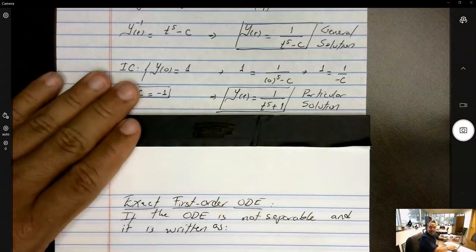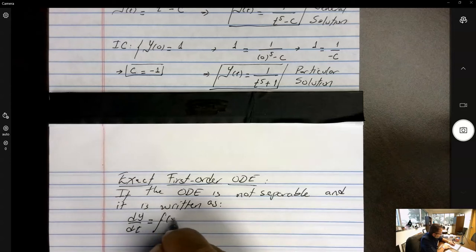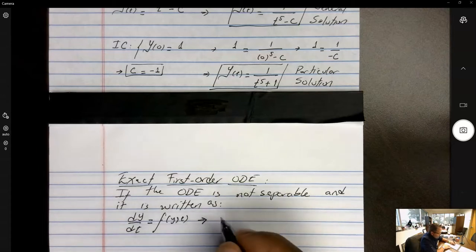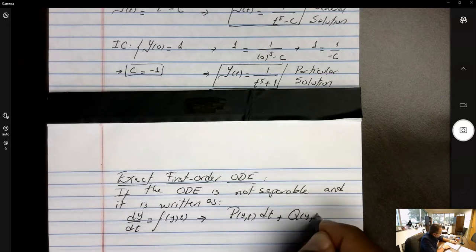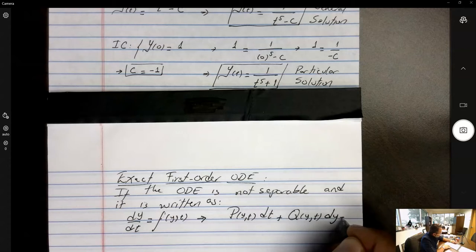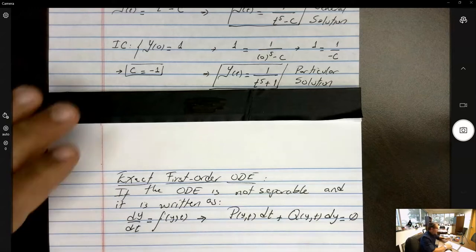So we're going to take the equation dy/dt equals f of y and t, and we're going to write it as p(y,t) dt plus q(y,t) dy equals 0. By the way, we can always do that. If I give you any equation in this form, you can always write it this way. And by the way, there's not just one way of writing it that way. There's actually infinite ways of writing it that way.